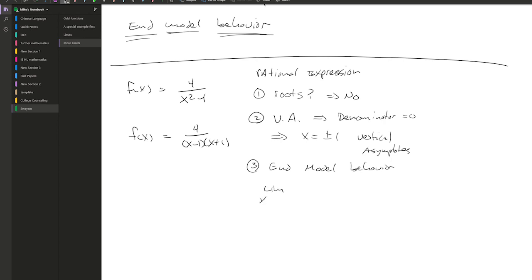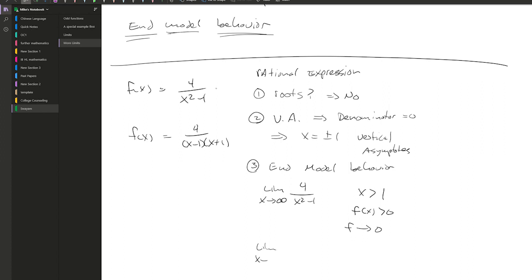And so we're going to take the limit as x goes to infinity of 4 over x squared minus 1. And so these are numbers that are, let's say, x is bigger than 1, so I don't have to worry about the vertical asymptote. And that means that f of x is positive, and f goes to 0. I know that the bottom keeps getting bigger and the top does not.